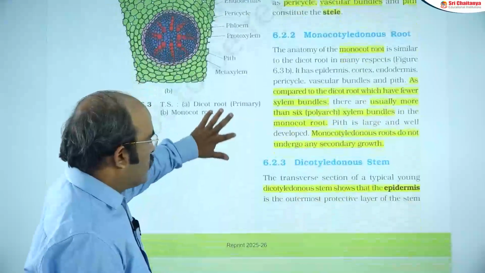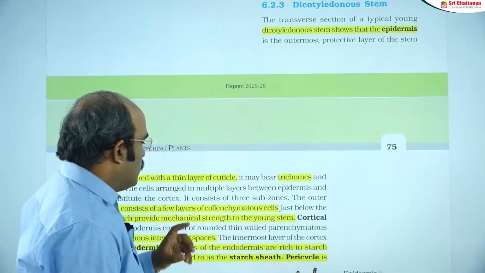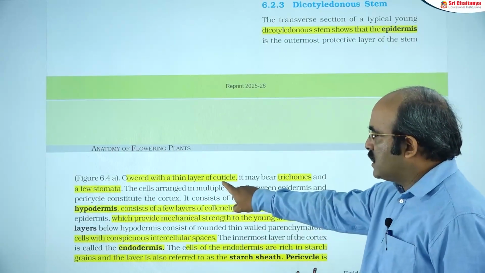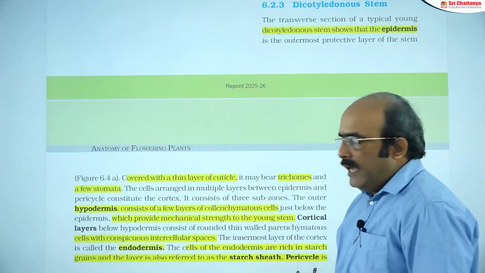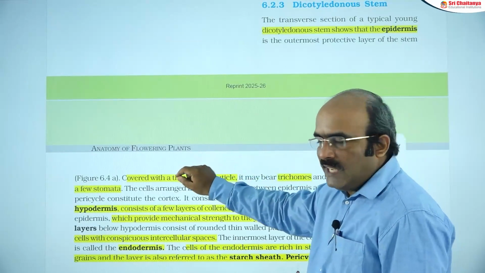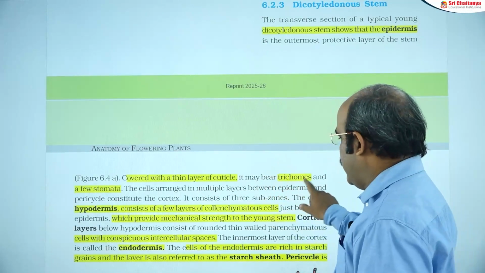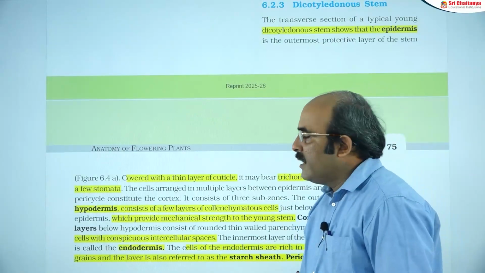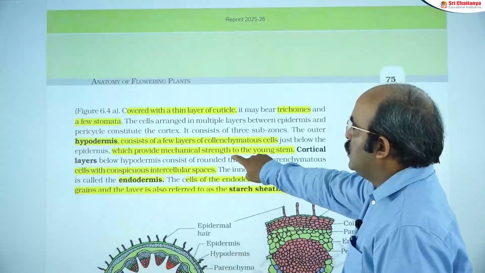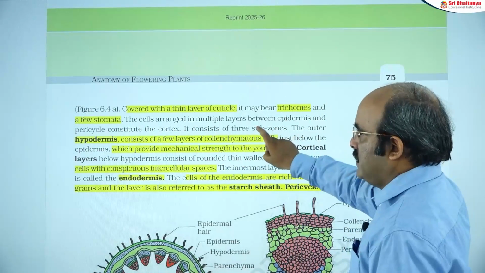Now going to the dicot stem, the transverse section shows the outermost layer is the epidermis, which is covered by cuticle. And the cuticle is the outermost layer, and the epidermis has multicellular hairs called trichomes. Sometimes there may be stomata. But below the epidermis, you have cells arranged in multiple layers.